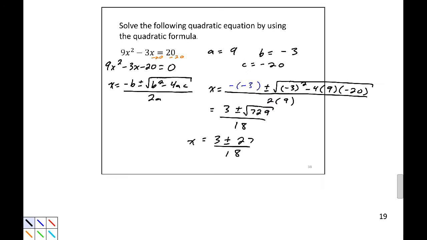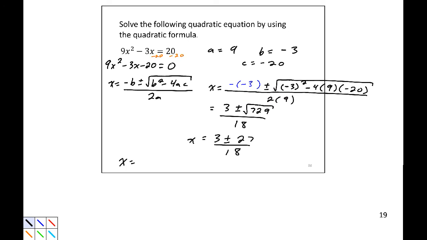Now, we will reduce this by saying x equals 3 plus 27. That's where our two solutions come in. 3 plus 27, that's 30, so 30 over 18, or 3 minus 27, which is negative 24 over 18. So we need to reduce those.